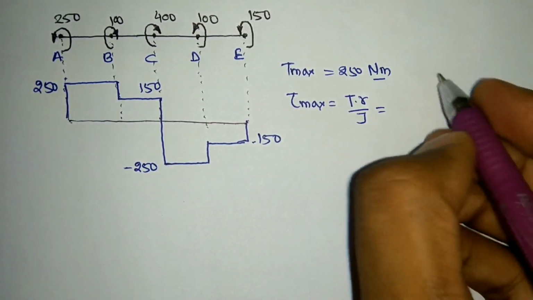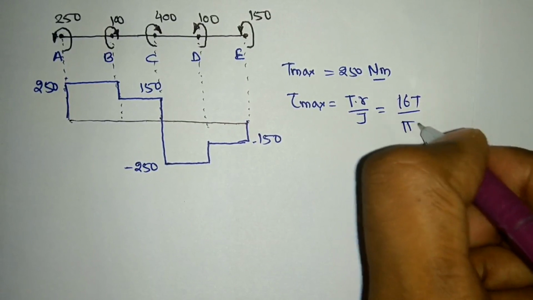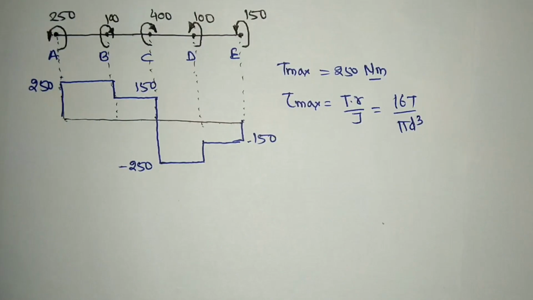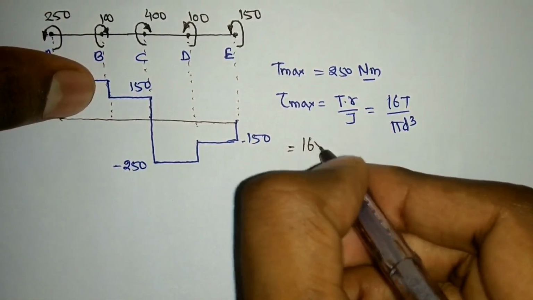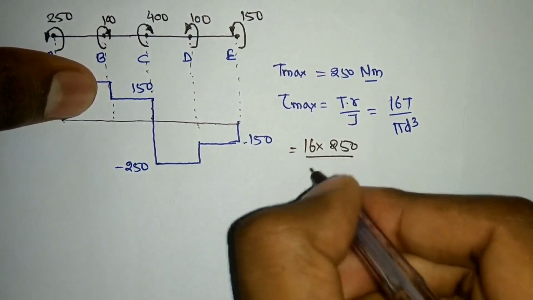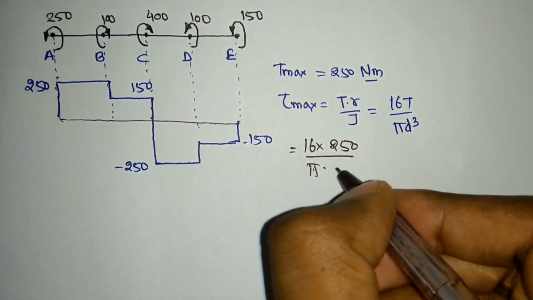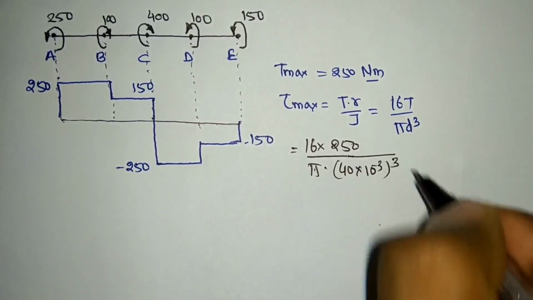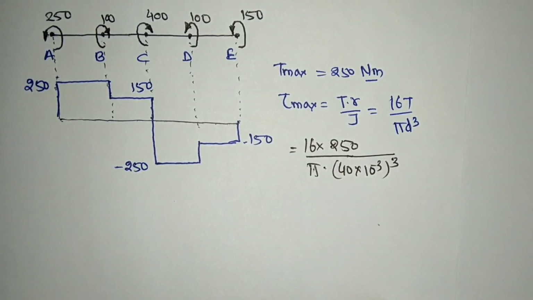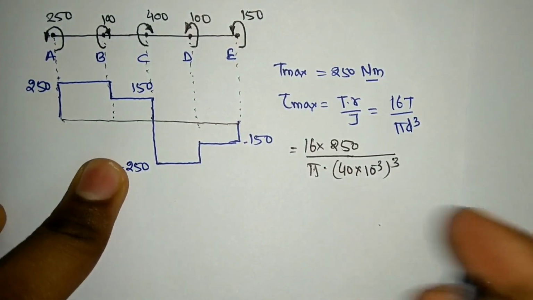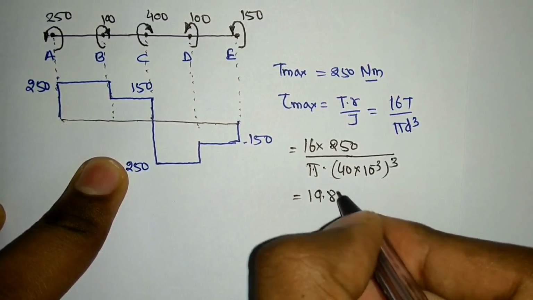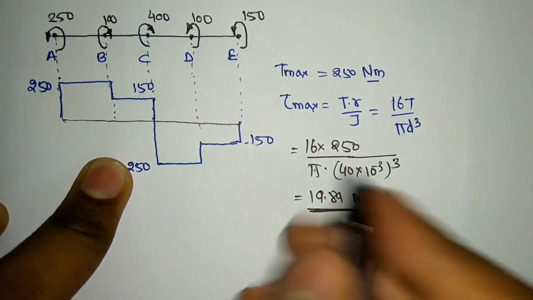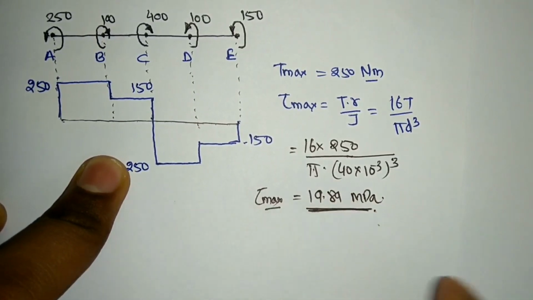And we usually also say that it is 16T divided by pi d cube also, okay. So here in place of T what will I put, 250 Newton meter, fine. So put the values here, so that will become 16 into 250 Newton meter divided by pi into d cube. What was our d, 40 mm, right. So 40 into 10⁻³ cubed, okay. So that will basically give me 19.89 megapascal. That will be the value of my maximum shear stress on the given shaft, okay.